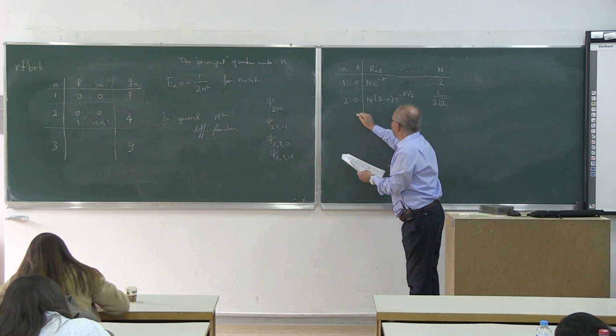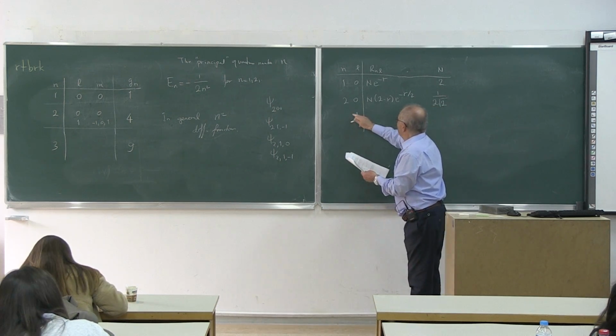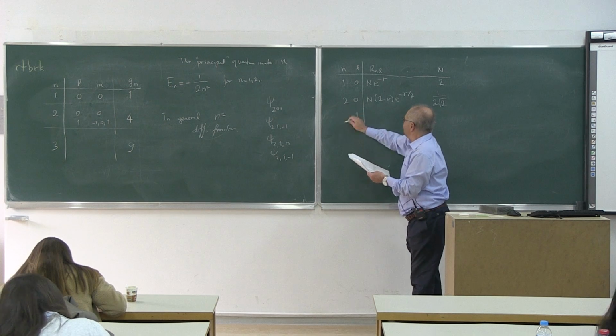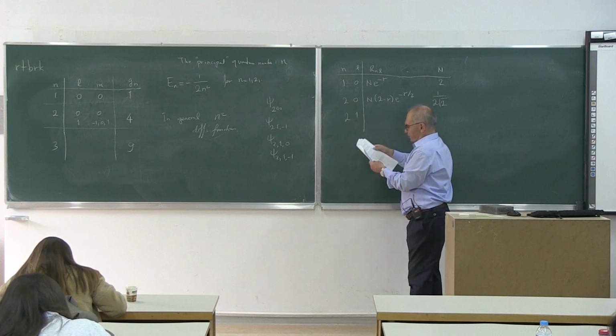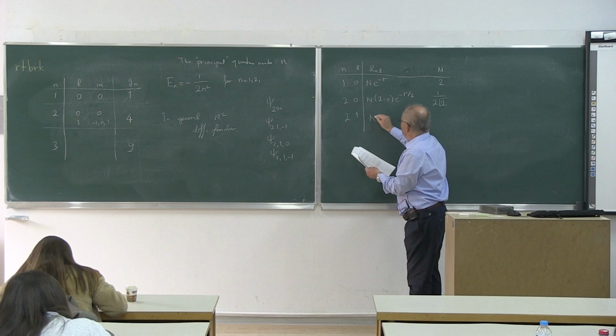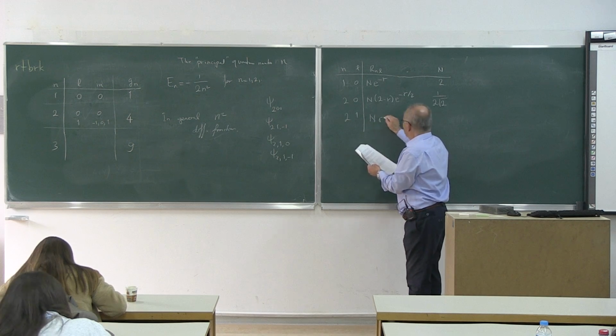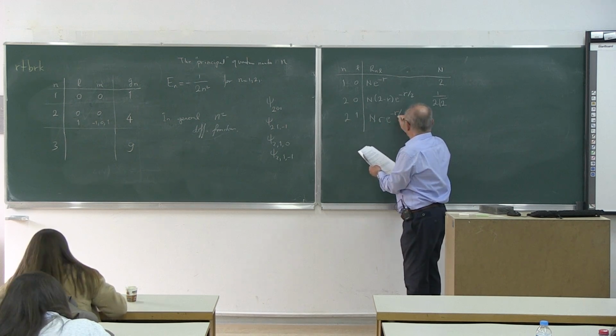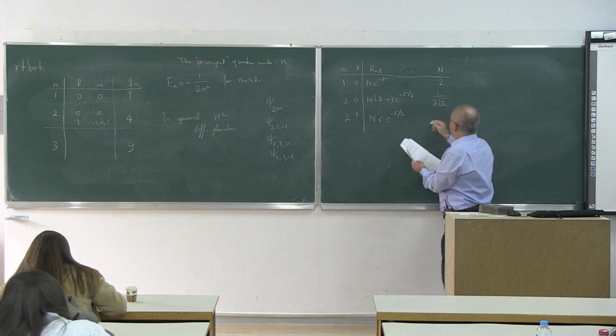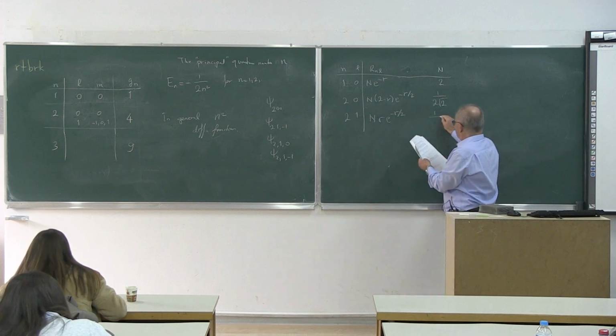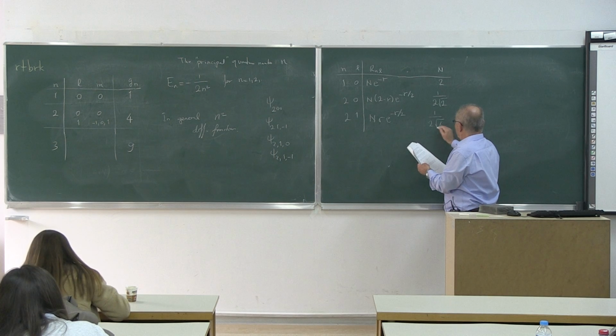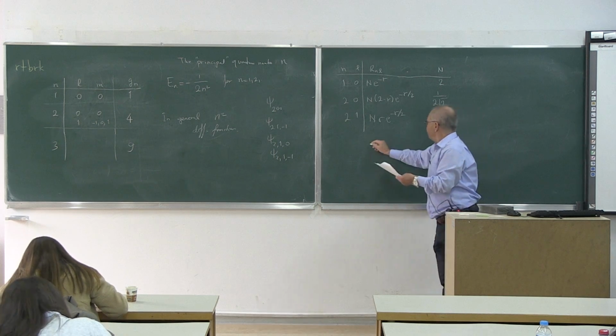For n equals 2, l equals 1, this is a normalization factor times r times e to the minus r over 2. And the normalization factor is 1 over 2 square root of 6, etc.